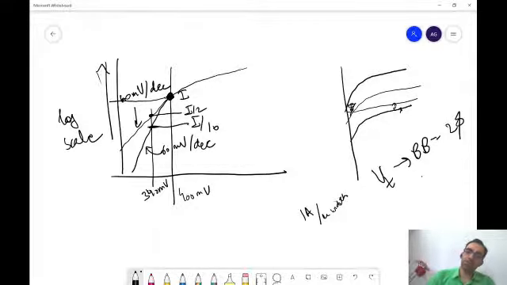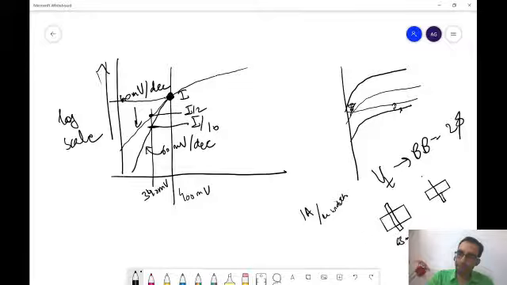If scaling has happened and the width has reduced, you expect the current also to reduce. So let us say this is a device in 65 nanometer, and this is a device in 45 nanometer. The width has also reduced, and length has also reduced due to scaling. Am I right? Yes. So we will normalize the current value.